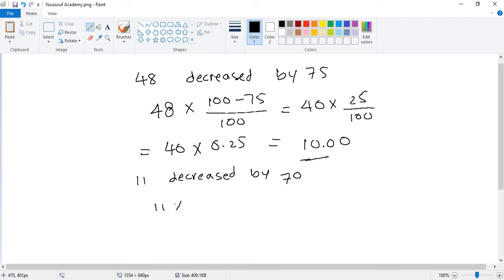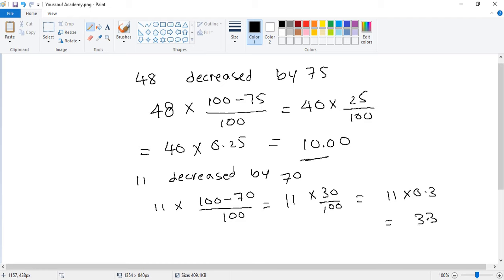It means 11 times 100 minus 70 over 100, which is 11 times 30 over 100, which is 11 times 0.3. 3 times 11 is 33, decimal point after 1 place, so the answer is 3.3. 3.3 is the decrease of 11 by 70%.